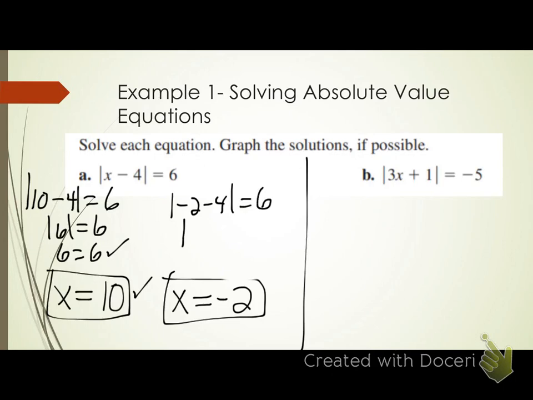Negative 2 minus 4 gives me negative 6. Absolute value of negative 6 gives me 6. Does 6 equal 6? So I know negative 2 is a solution as well. Any questions on that? What's the last thing it wants us to do?